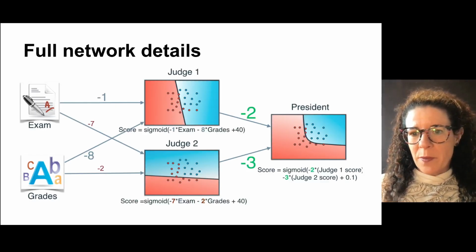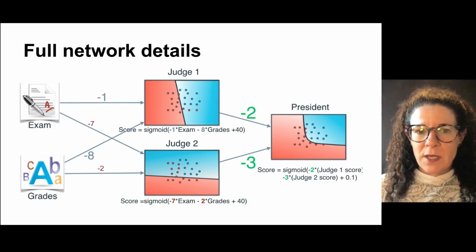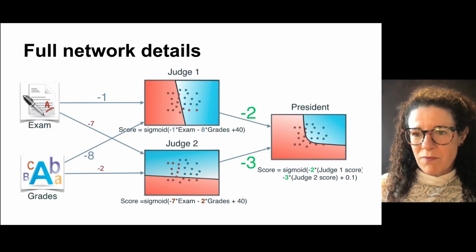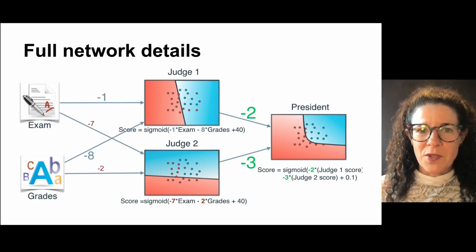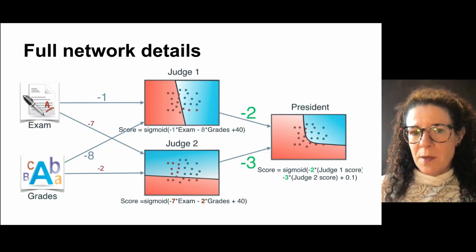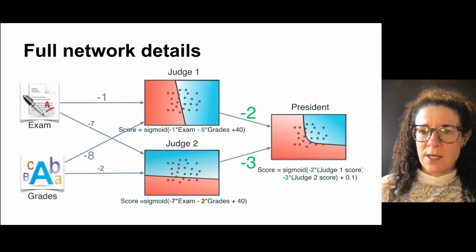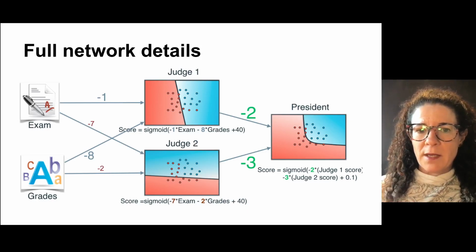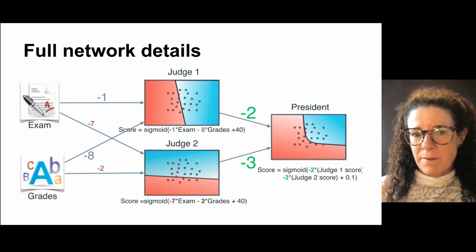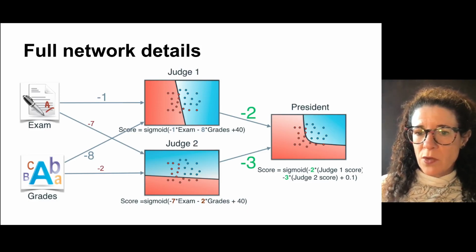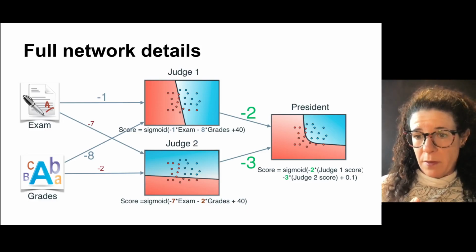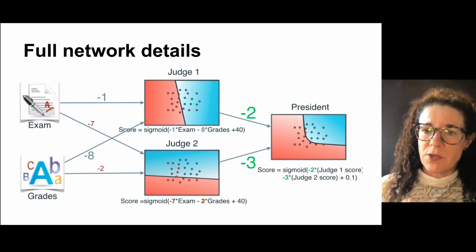So here is an example of how we could do this. This is completely an example. Judge 1 is going to multiply the exams by some number, the grades by another number, and then sum a bias. And it's going to take a sigmoid of that. Judge 2 is going to do something similar, but with different numbers, and take a sigmoid of that to get a score.